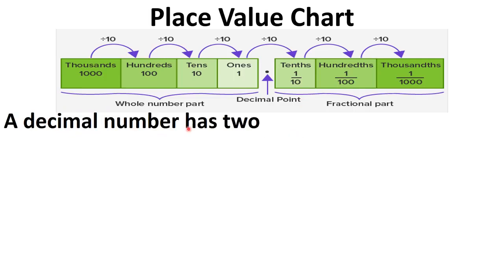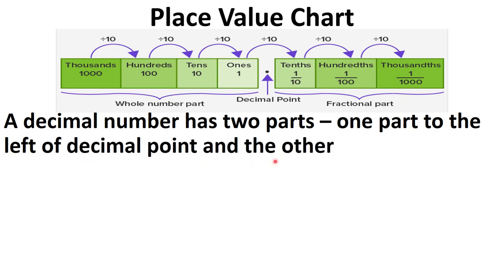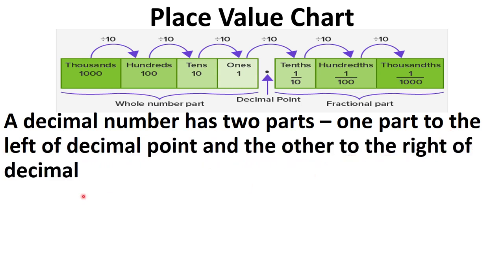A decimal number has two parts. One part to the left of the decimal point and the other to the right of the decimal point. One is the left hand side of the decimal and the other is the right hand side of the decimal.